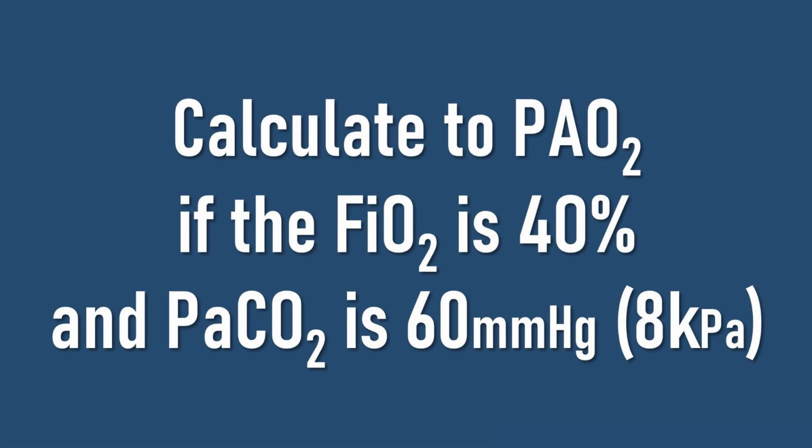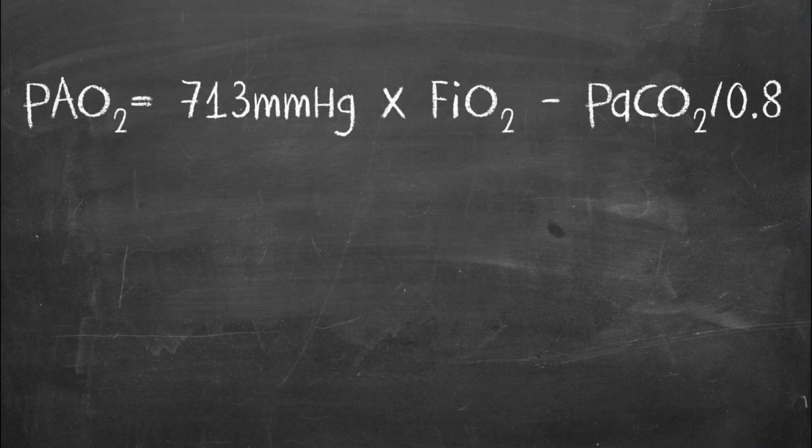But let's just do a quick calculation. What is the alveolar oxygen tension if the inspired oxygen fraction is 40%, the PaCO2 is 60 millimeters of mercury or 8 kilopascals, and we are at sea level? A higher than usual FiO2 and a higher than usual PaCO2. Let's work the problem.